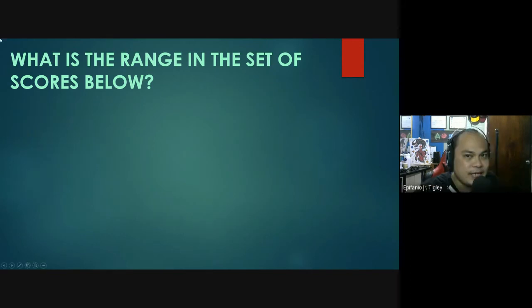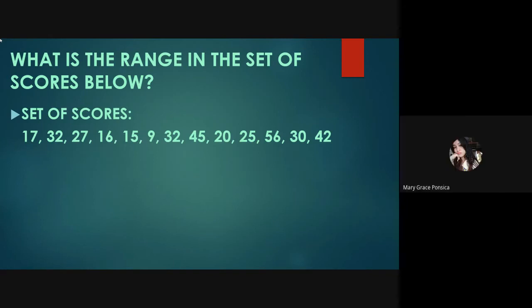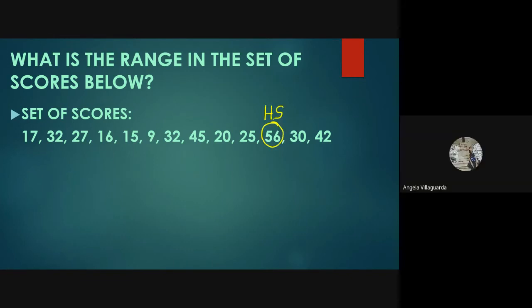What is the range in the set of data of scores below? So we have here the set of scores. Determine what is the highest score there. 56. Are there any scores higher than 56? None.